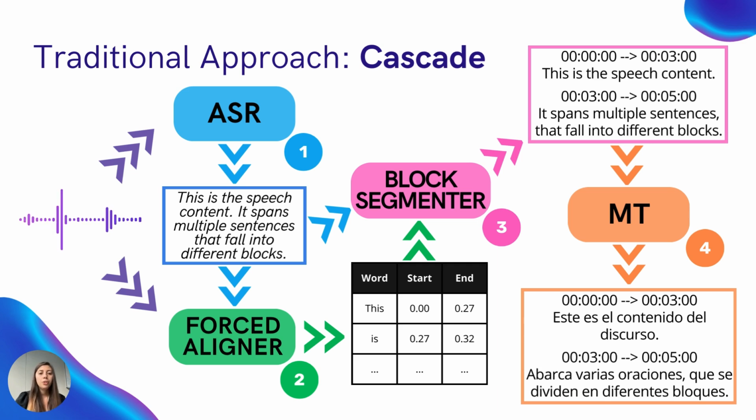This information, together with the transcript, is given to a block segmenter to obtain the transcript with the corresponding block level timestamps. And the last step, the fourth one, is translating the transcript into the target language. Here, for example, from English to Spanish.